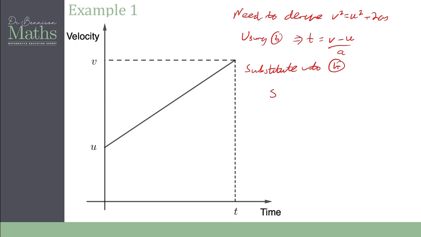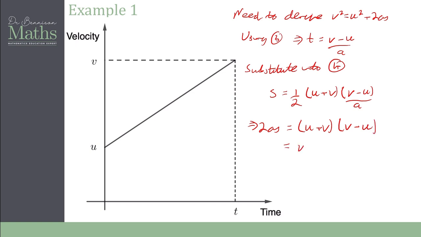So s is a half u plus v times by t, but we're going to write t as v minus u over a. That implies that 2as is u plus v times v minus u. So this is a difference of two squares, and we get v squared minus u squared, which I can rearrange to be v squared is u squared plus 2as, and that's equation 5.